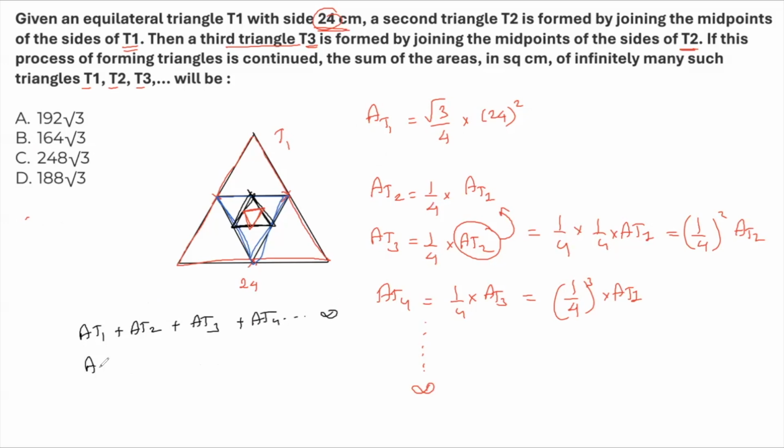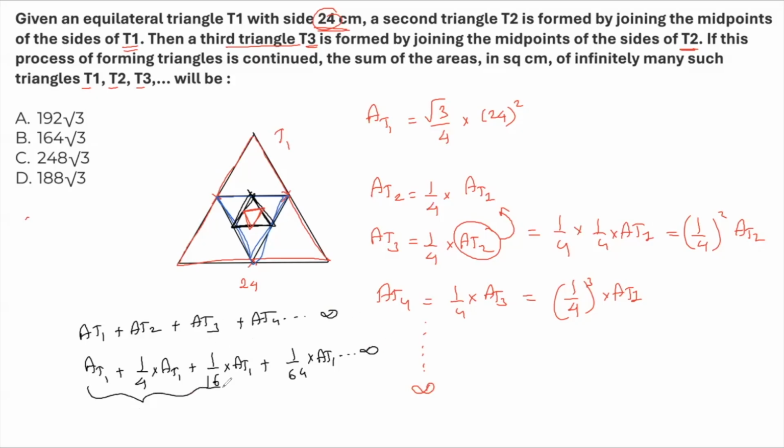Let area of T1 be as it is. Area of triangle T2 we have seen is 1/4 the area of triangle T1. Similarly, area of triangle T3 is 1/4 square or 1/16th of the area of triangle T1, plus area of triangle T4 is 1/4 cube or 1/64th of the area of triangle T1, which is going on infinitely.